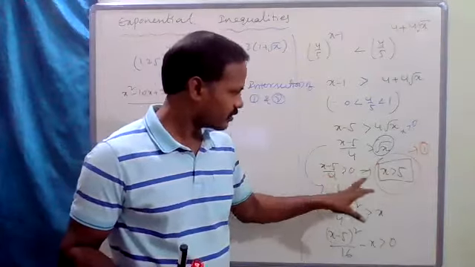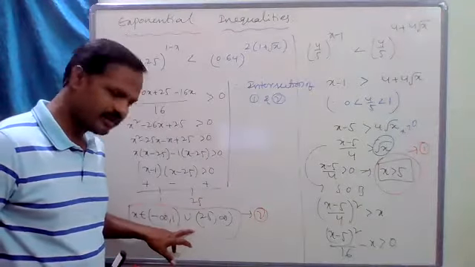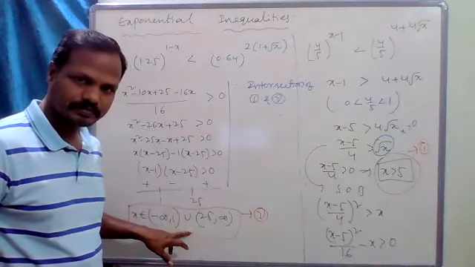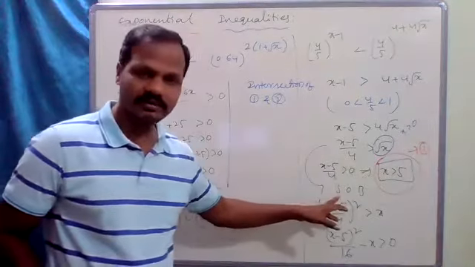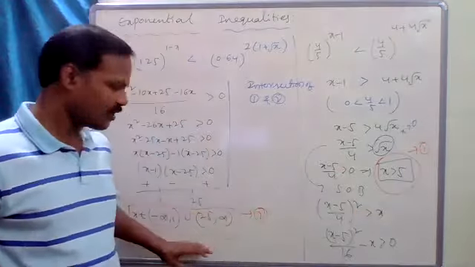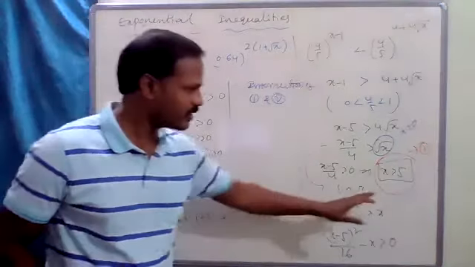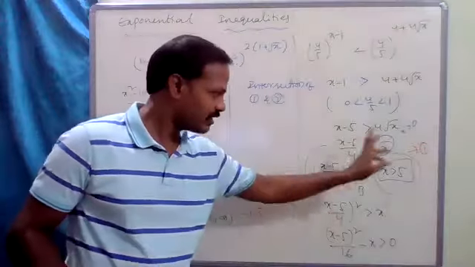Okay? So that we got the solution, this one. In this case only, we make squaring on both sides. So that we got this one. Now we have to take the intersection of these two because our solution should satisfy this condition.